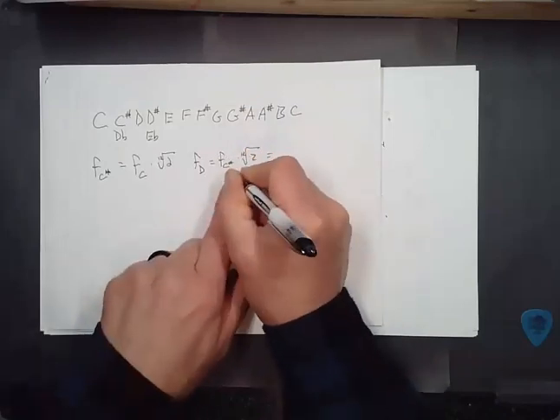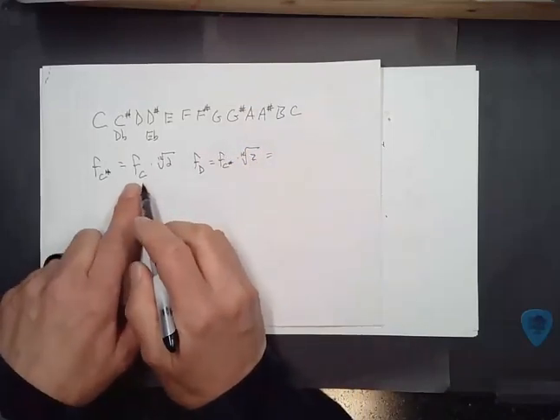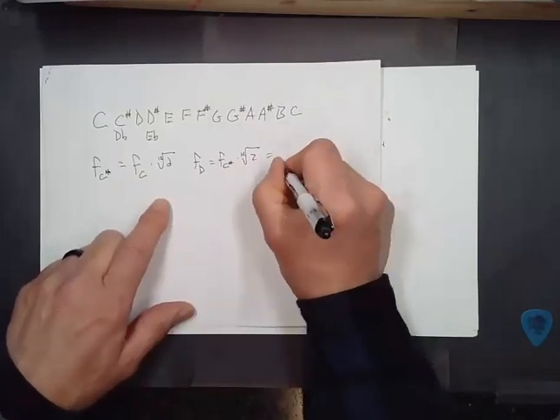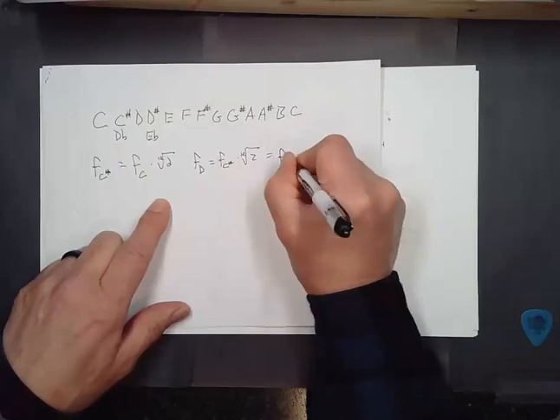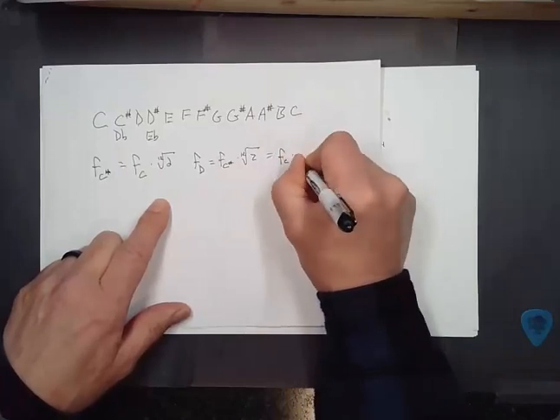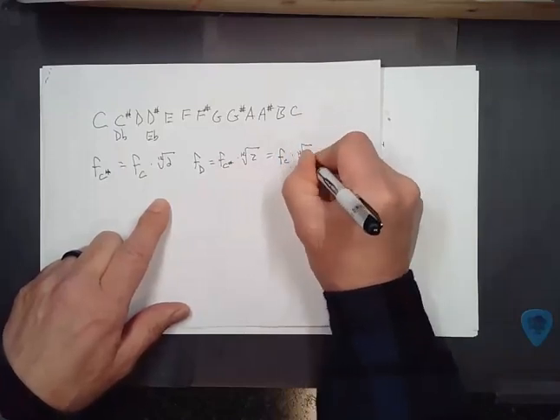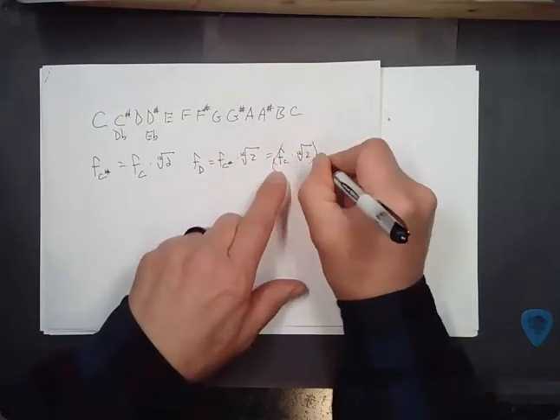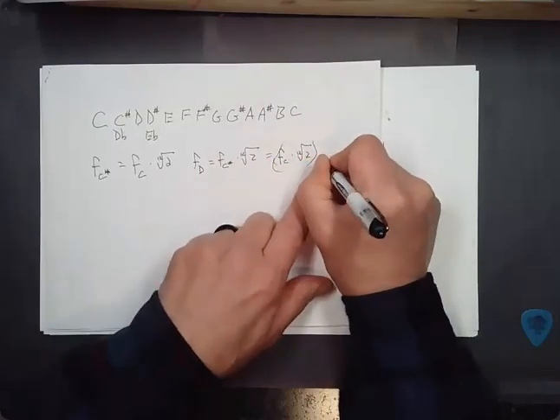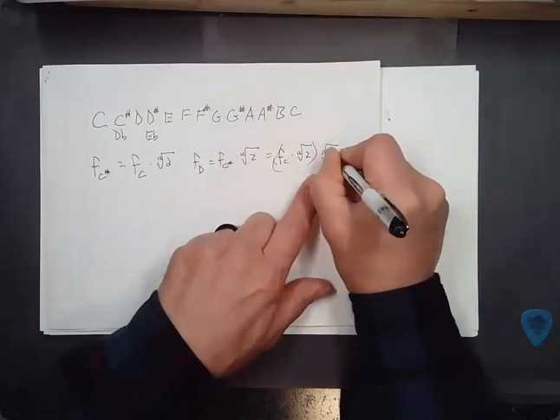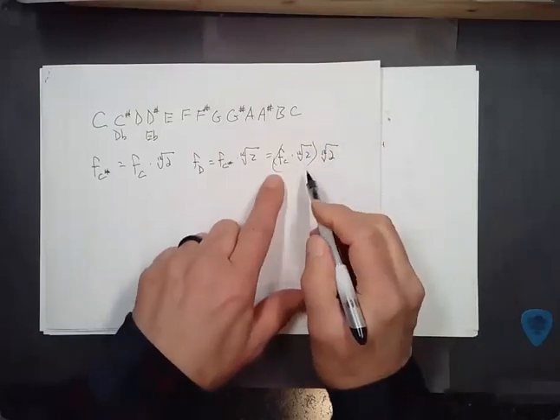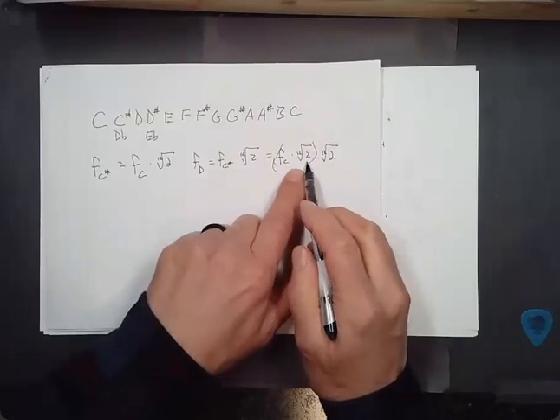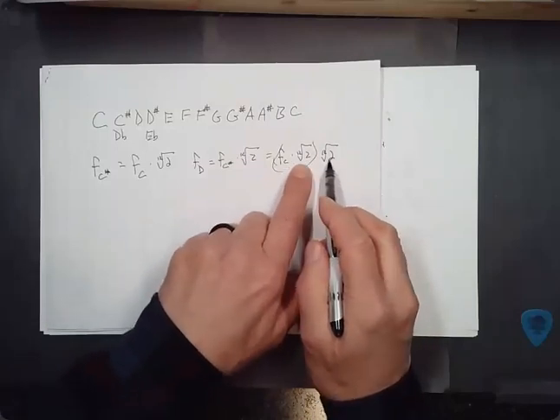But the frequency of a C sharp was already the frequency of the C times the 12th root of 2. And so far, this is just the frequency of the C sharp, but then you multiply the 12th root of 2 again. And so it's the frequency of a C times the 12th root of 2 to the second power.